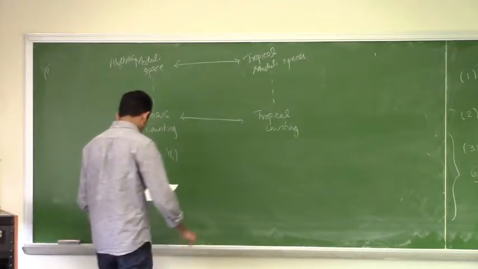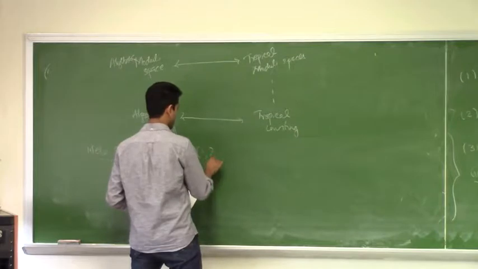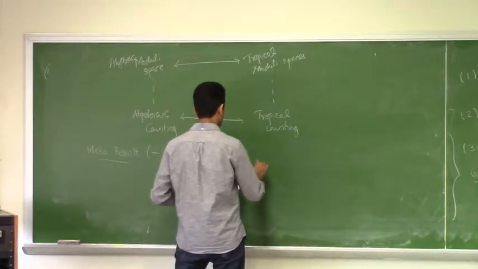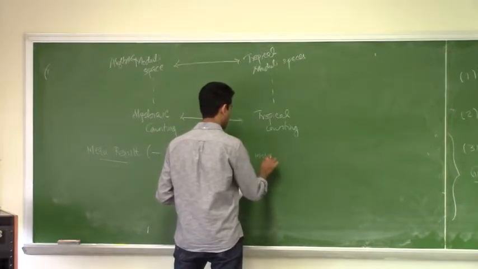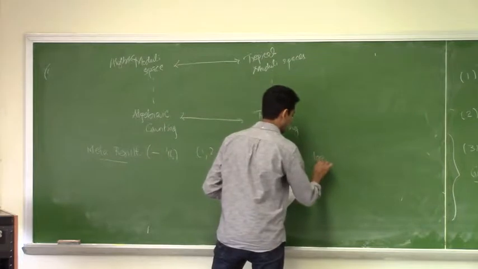is that 1, 2, and 3, so these tropical curve counts are instances of logarithmic Gromov-Witten invariants.